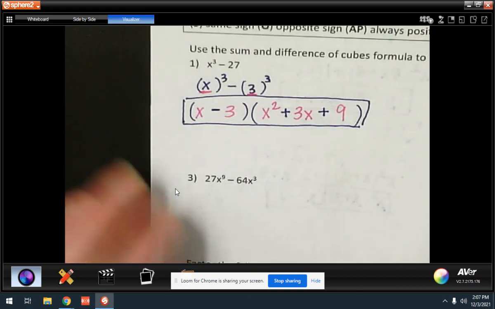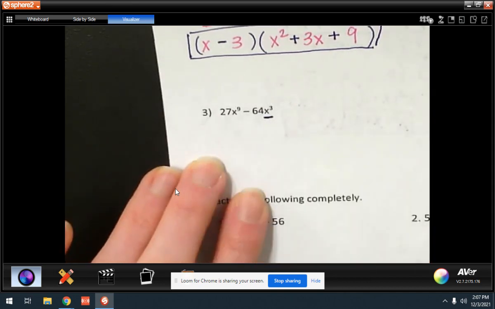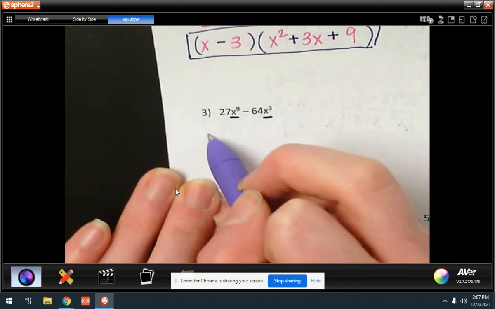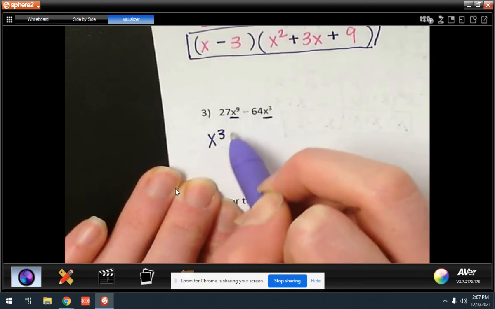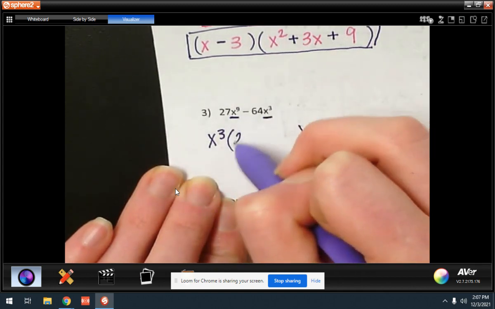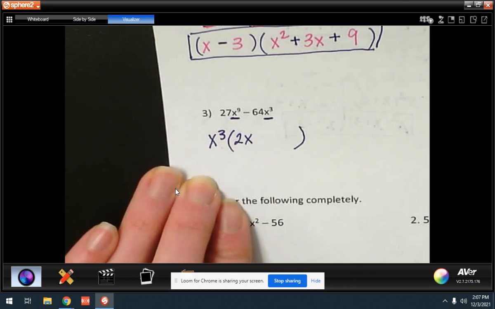So first things first, there is a GCF. There's an x cubed sitting here and an x to the 9 sitting here, so you can factor out an x cubed right off the bat. It's going to drop both your exponents by 3.